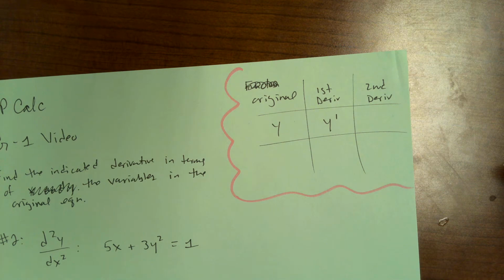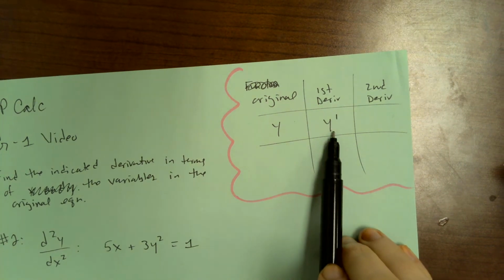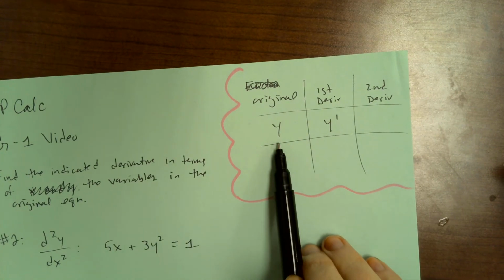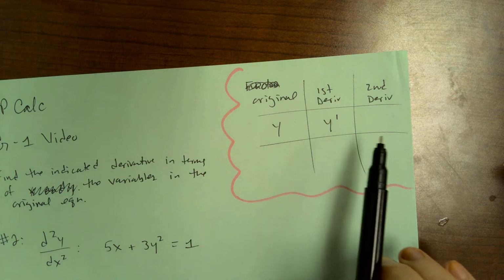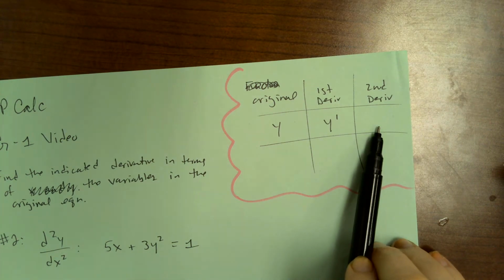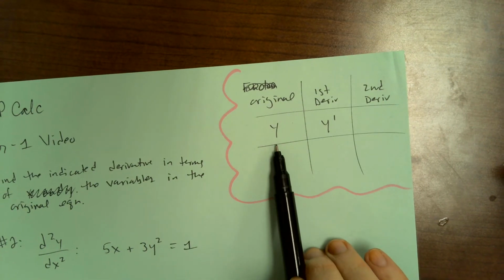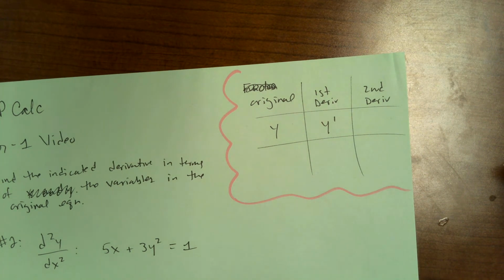The first derivative gives you the slope of the tangent line to the original graph. The second derivative does not give you the slope of the tangent line to the original graph. It gives you something different.